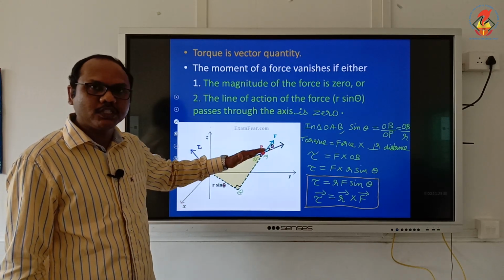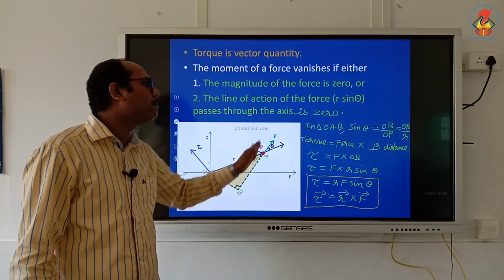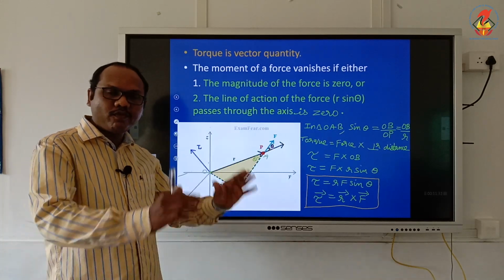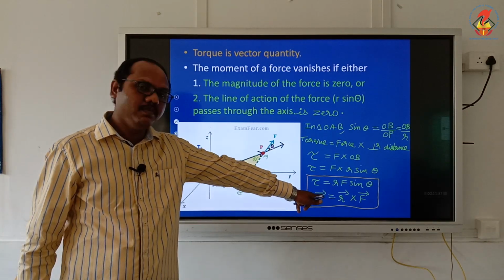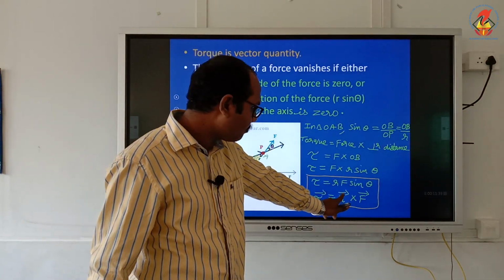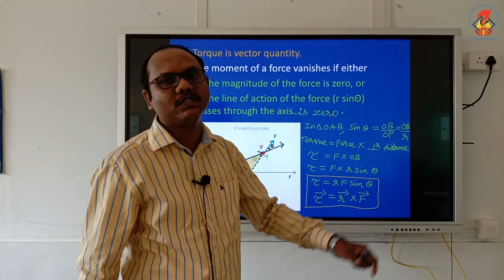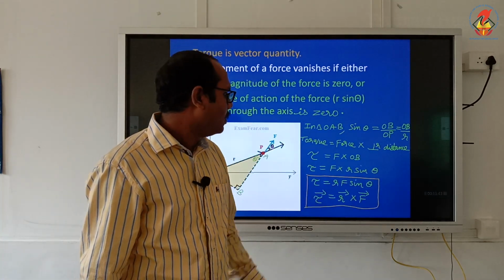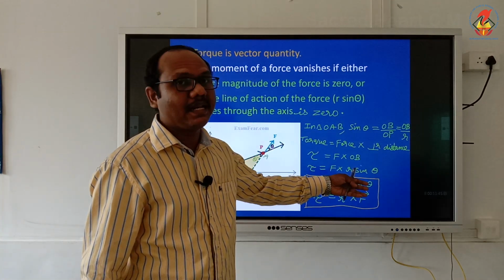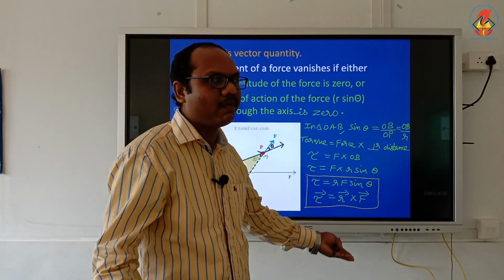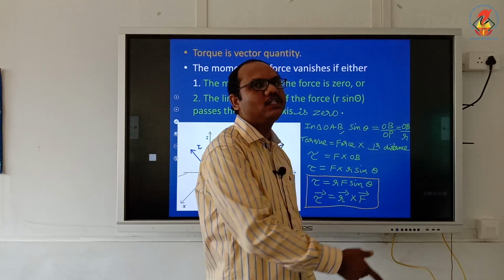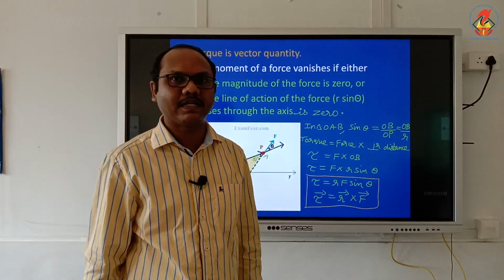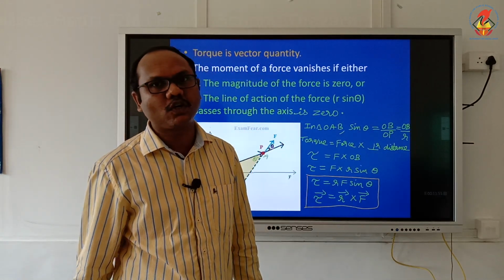First comes the position vector, then only I am applying the force. So the position vector should come first. That is why I write tau is equal to vector r cross vector F, or tau is equal to rF sin theta. You can also write Fr sin theta, that doesn't matter, but in vector form it should be written as vector r cross vector F. That is the expression for the torque.